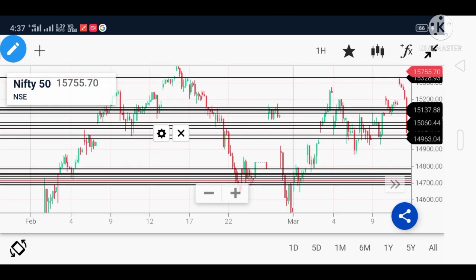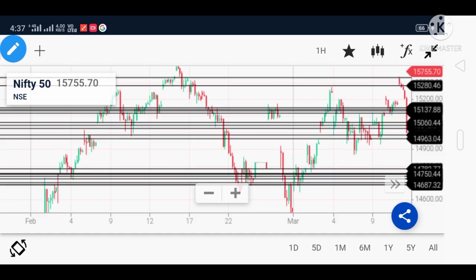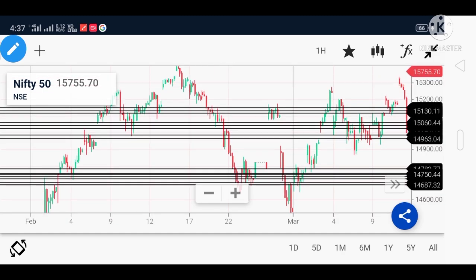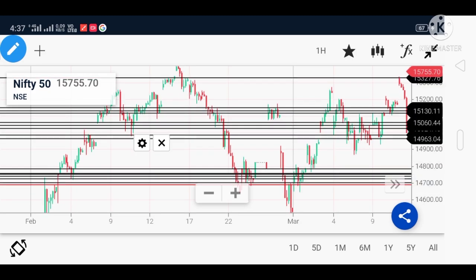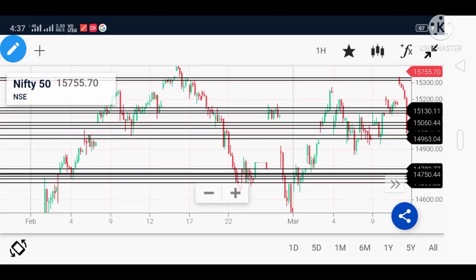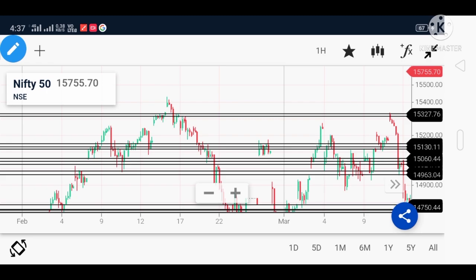So let's take some lines from down. One wick here, one wick here. There are a lot of wicks here. Just below that, one more. Now I don't think there's any wick anymore, so let's go up. Let's find the wicks closer to each other.